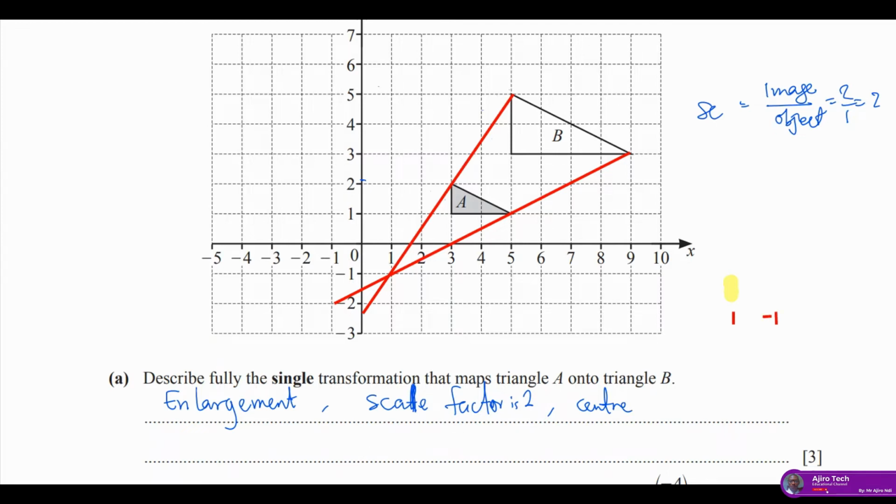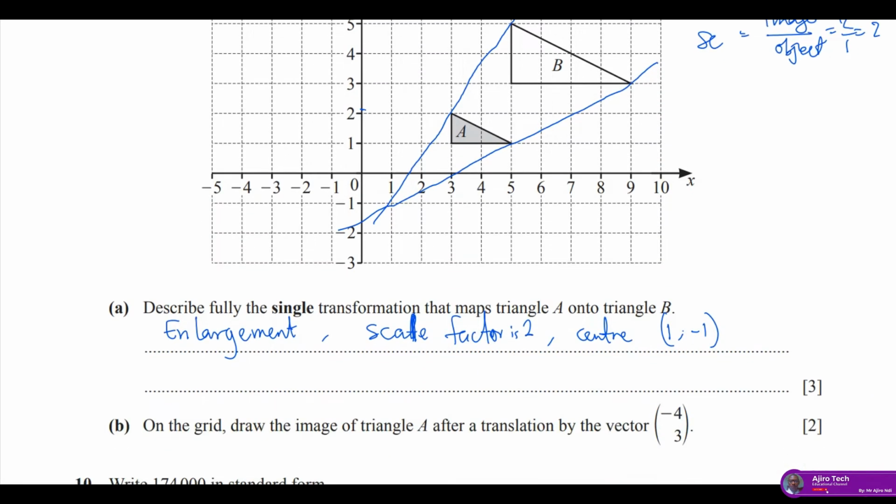So my center is 1 for x and -1 for y. I can easily get that that's my center of enlargement.